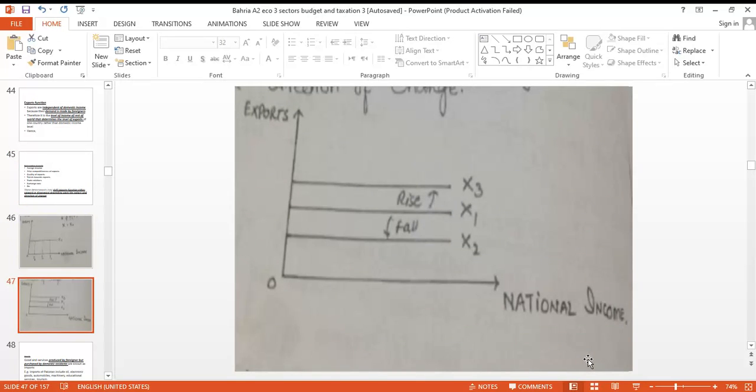Let's say that the quality of your export becomes better. Then at each and every income level, you are going to experience a higher level of exports. So once again, the determinant of export here is the quality of the good. It is not related to the income within the country.